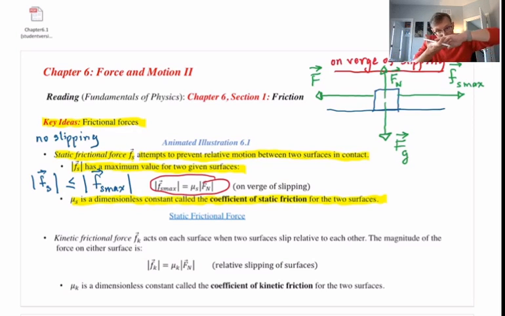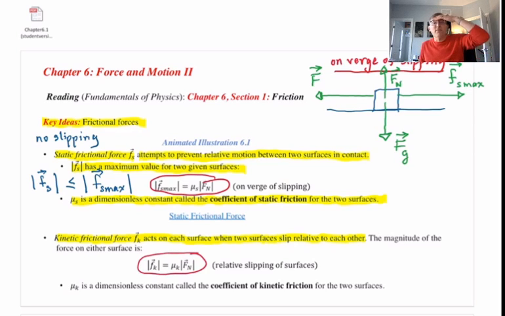And when there's relative motion between the surfaces, there's still a frictional force, it doesn't disappear, but it changes slightly, it's weaker, and it's called the kinetic frictional force, little f sub k. So that's the frictional force that acts on each surface when two surfaces slip relative to each other. And I'm going to tell you the formula for that magnitude of F kinetic, because there's just an empirical formula for it that we're going to use.